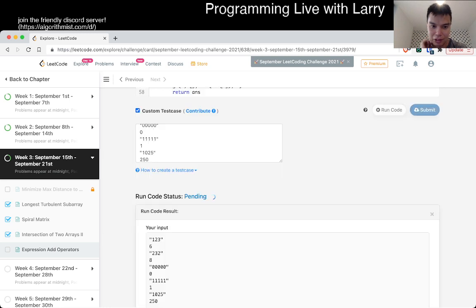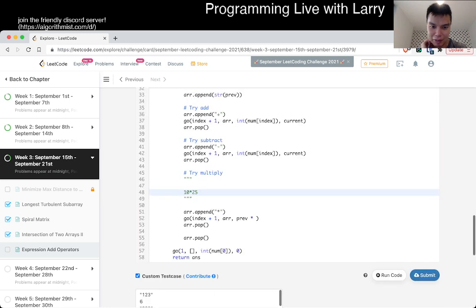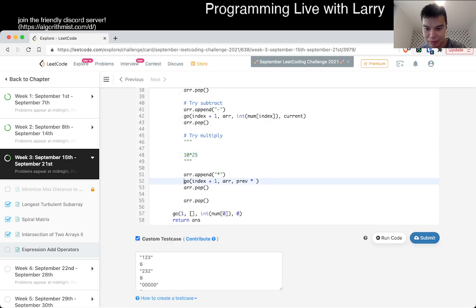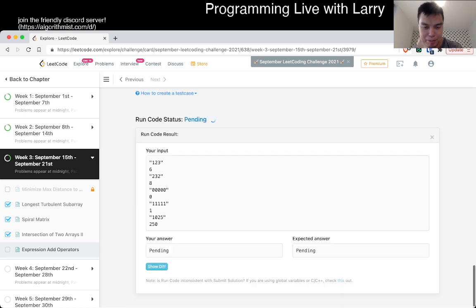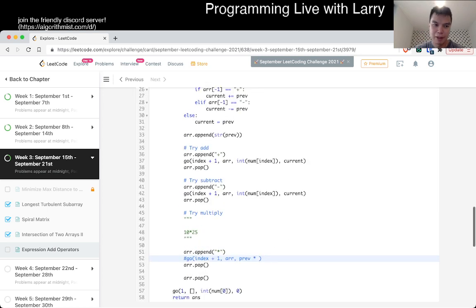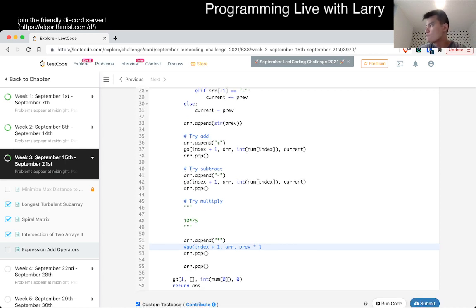Well, this code shouldn't run because I didn't finish typing something. So yeah, I don't know if there's any smart way of doing this. I mean, we just have to add one more thing, I think.